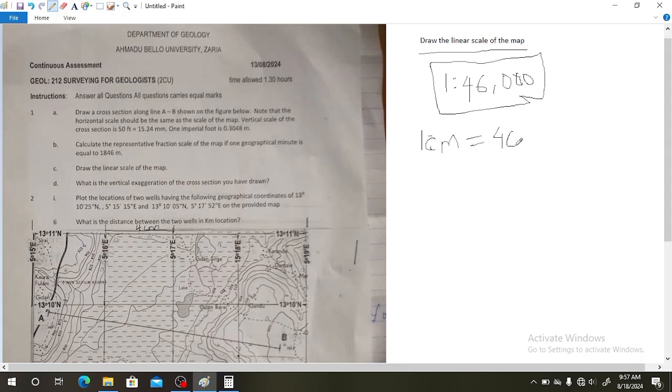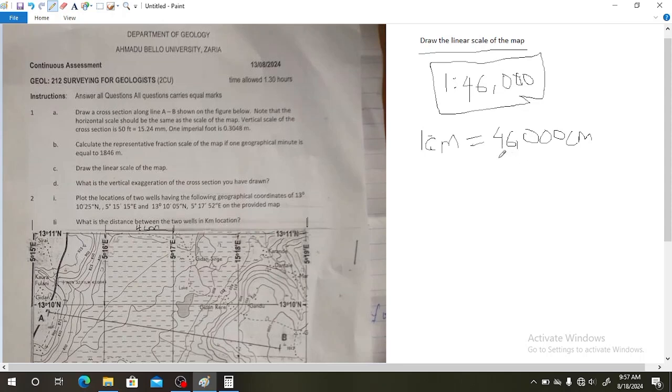That's to say, 1 unit is equal to, I'm saying 1 centimeter is equal to 46,000 centimeter. That's from the above scale. I'm converting this centimeter into kilometers.